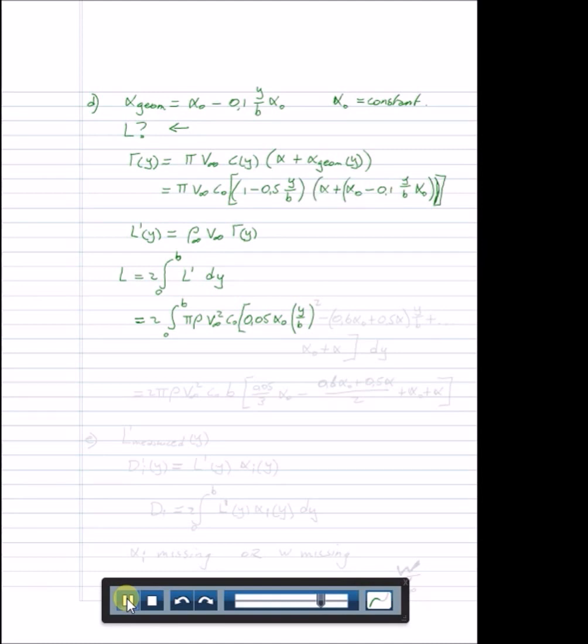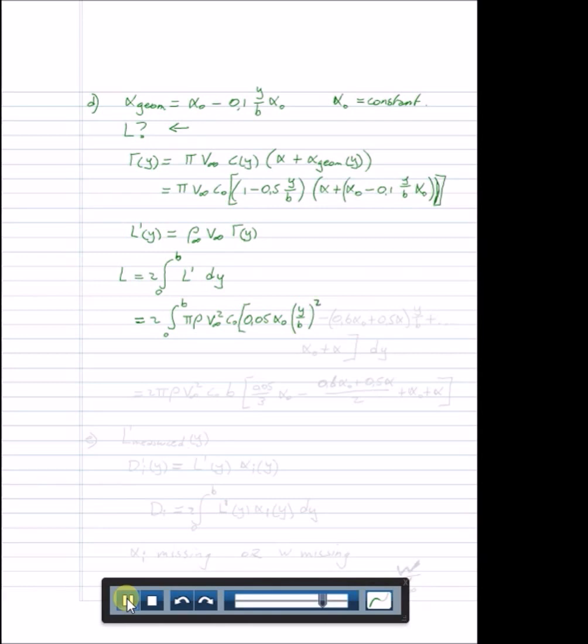I think I forgot this bracket and this bracket here. So I need to include those. Okay, now I realize. So we've got 0.05 times alpha naught y. This is going to be squared.